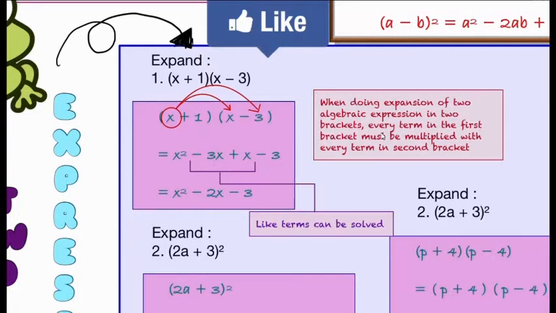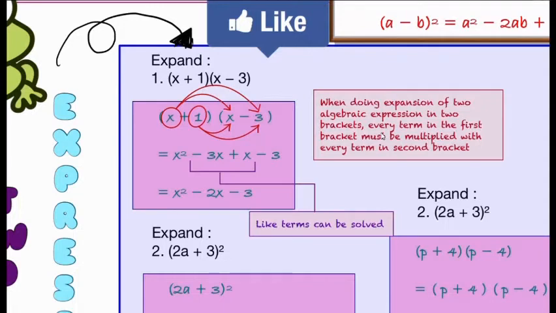And then you also need to multiply positive 1 with x. Okay, so you get 1 times x, you get x. And you also need to multiply with negative 3. So you get here 1 times negative 3, you get negative 3.